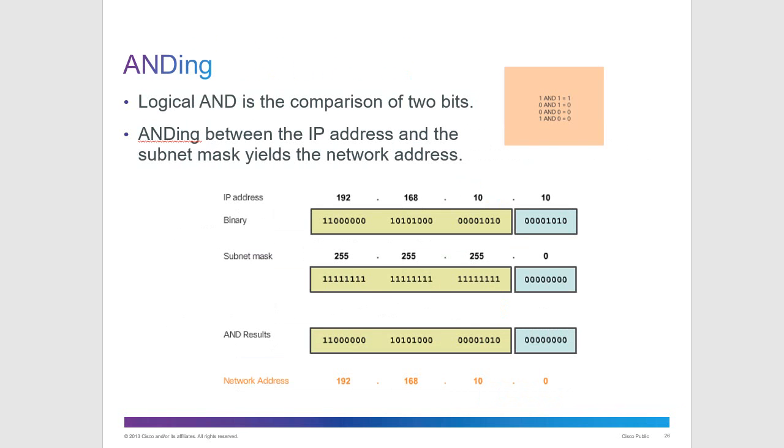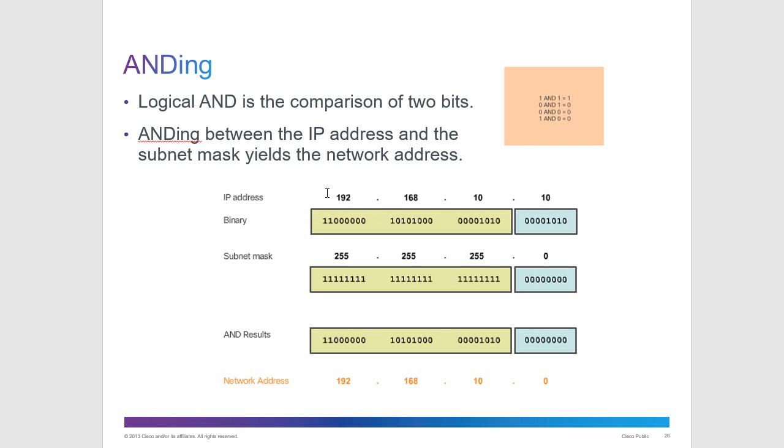A concept that goes along with that is called ANDing. It's a process of determining or figuring out which network a particular device is on. So what that means is you've got the IP address of some device. Okay, we'll say it's some PC up here.